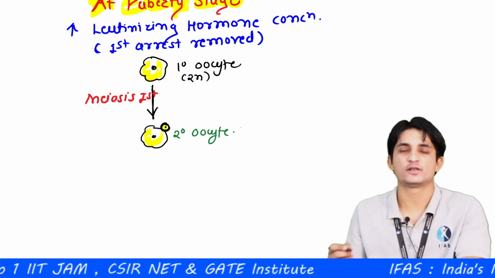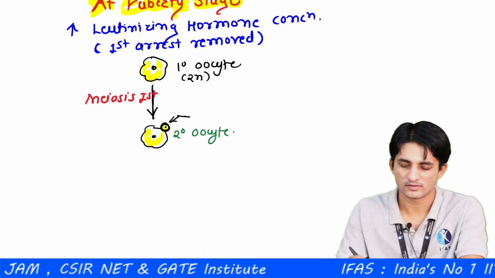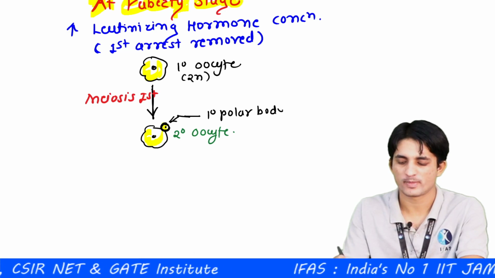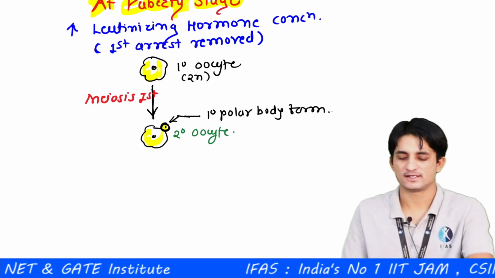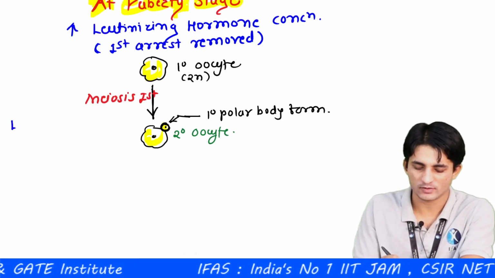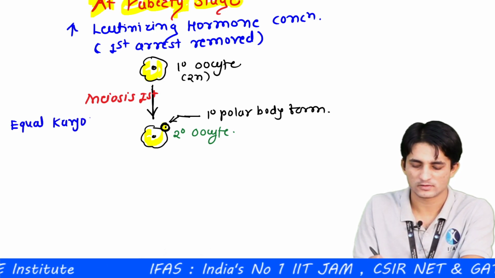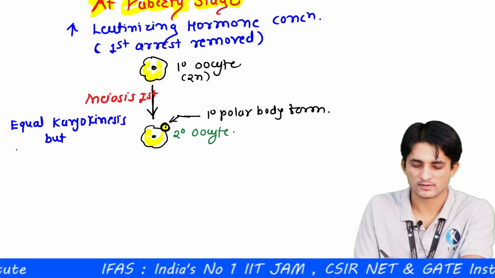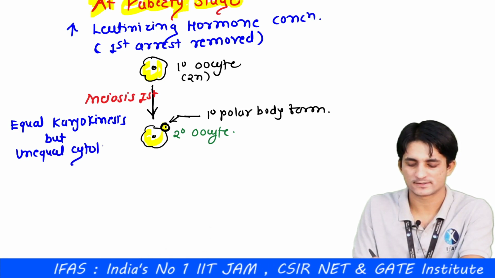Now along with the secondary oocyte, the primary polar body forms. One cell is smaller in size and one cell is larger in size, because here there is equal karyokinesis but unequal cytokinesis.